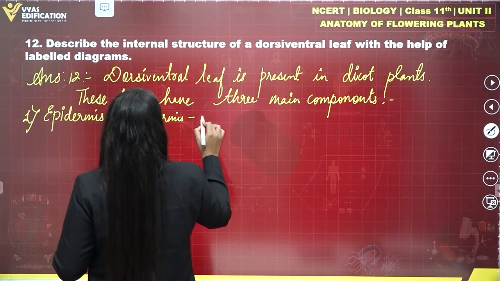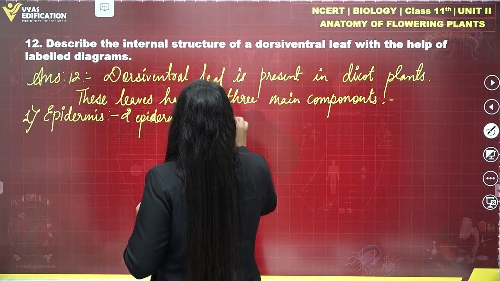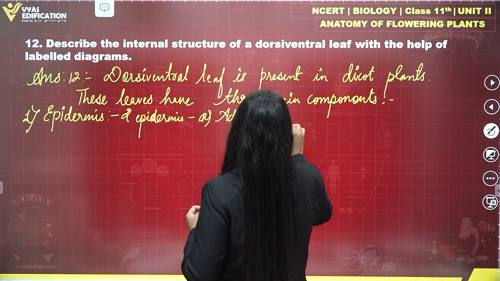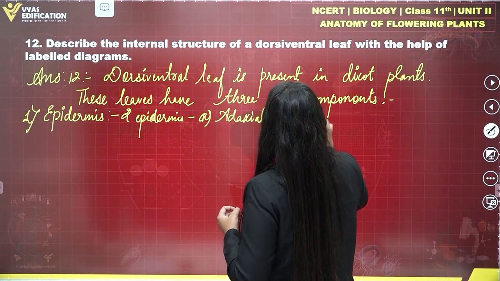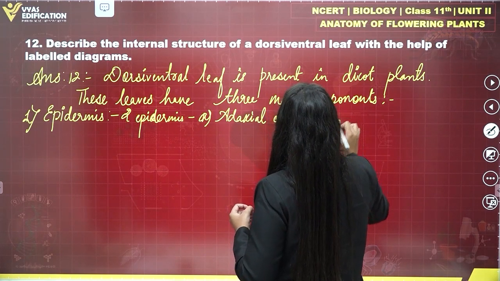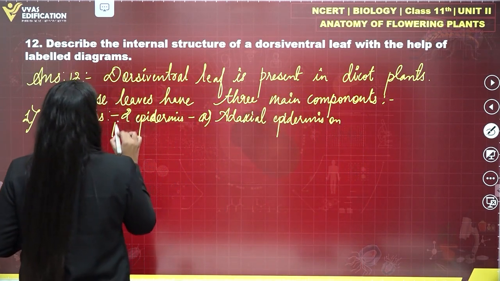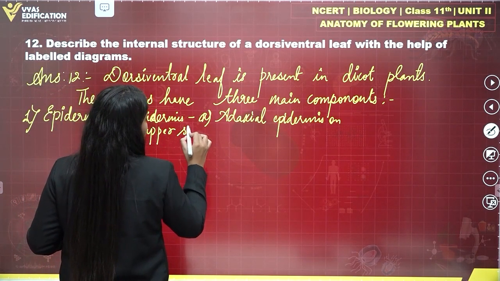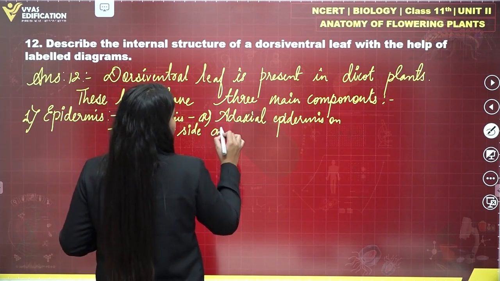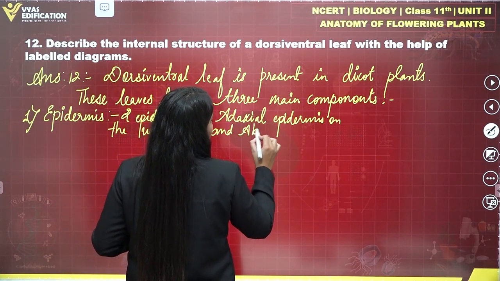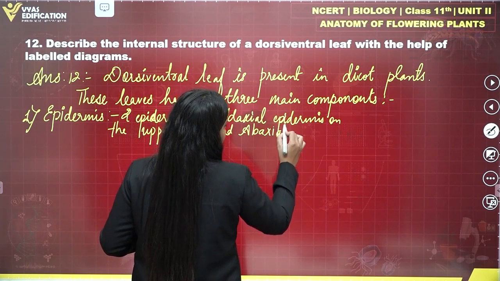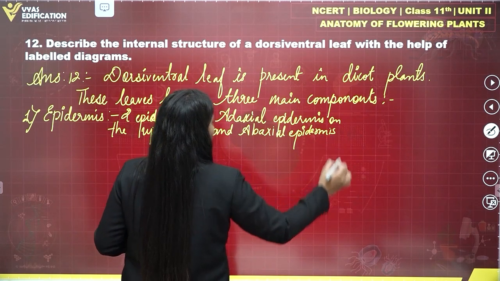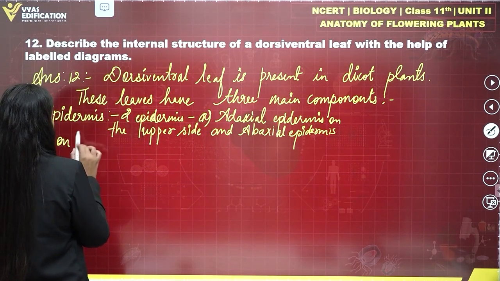One is adaxial epidermis on the upper side, and abaxial epidermis on the lower side.